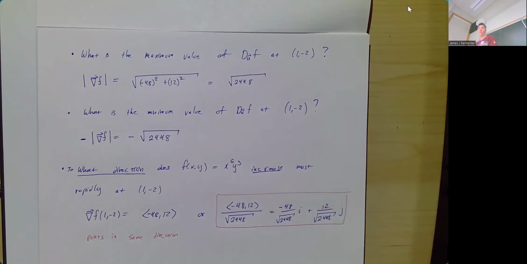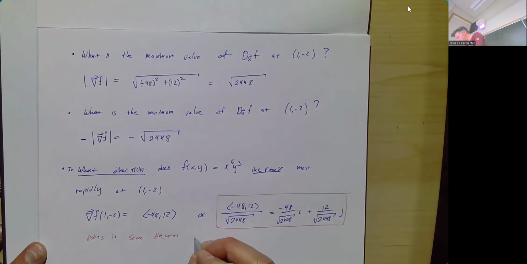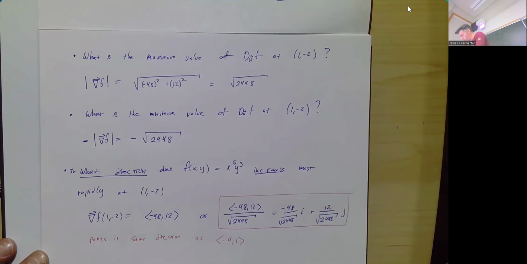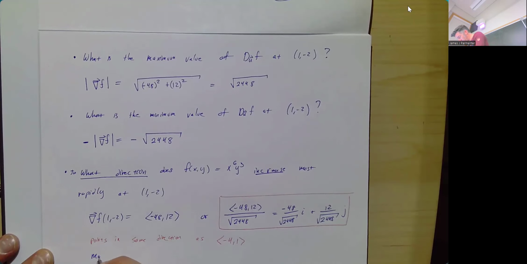48 divided by 12 is 4. 12 divided by 12 is 1. So this points in the same direction as the vector (-4, 1), which is a lot easier to find the magnitude of, I think. So the magnitude is the square root of -4 squared plus 1 squared, which is the square root of 17.